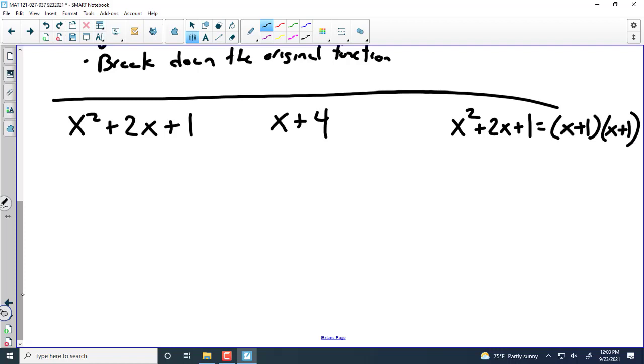Now I'm going to divide this equation, x squared plus 2x plus 1, by x plus 4. Is x plus 4 a factor? Not a factor, only x plus 1 is a factor. Does everyone see that? Basically what I'm about to do, everyone, is try to divide the number 9 by 4. I can do it, but it's not going to give me a remainder of 0. Does everyone see that? Little vocab for everyone. This is going to be called the dividend, the thing you're dividing into. This is called the divisor.